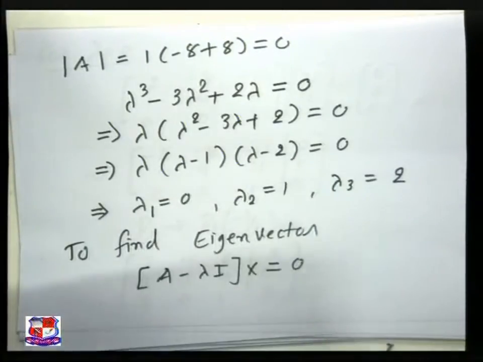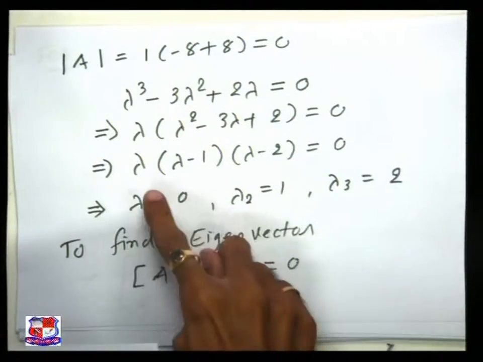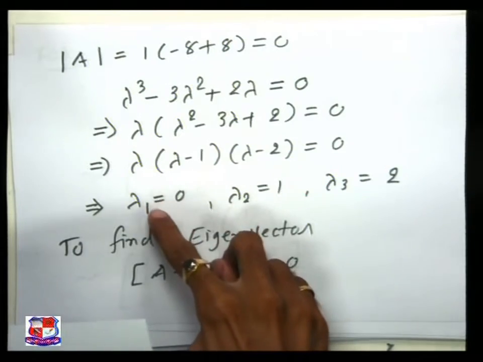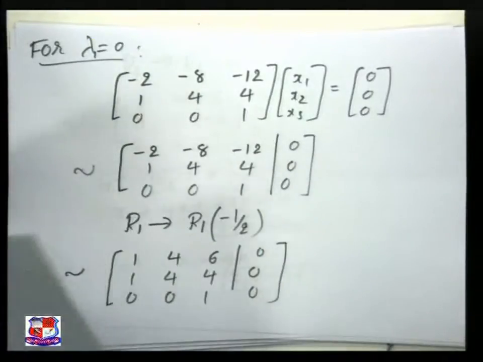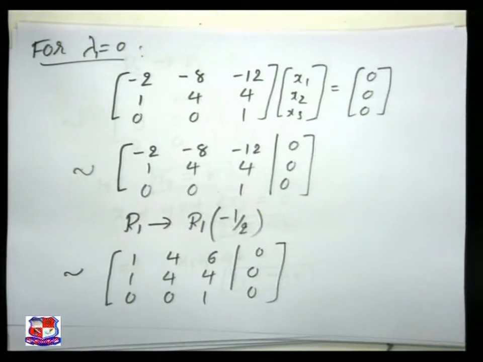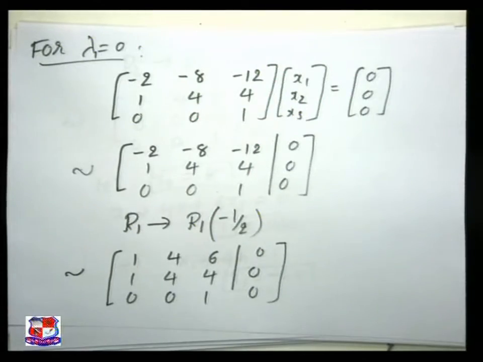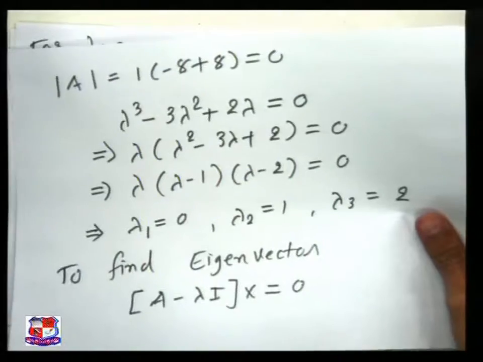By solving this characteristic equation, we got the eigenvalues lambda is equal to 0, lambda is equal to 1 and lambda is equal to 2. And now we need to find the eigenvector for all these eigenvalues. We have 3 eigenvalues: 0, 1 and 2.